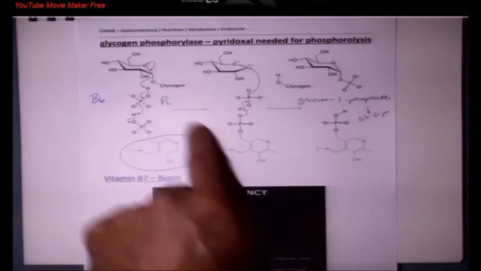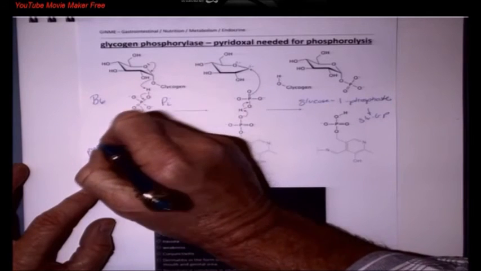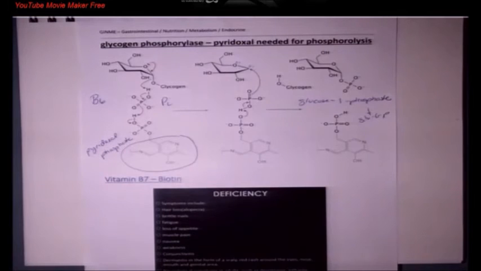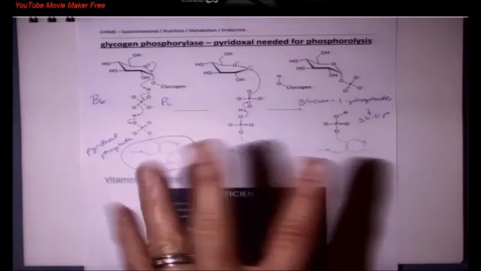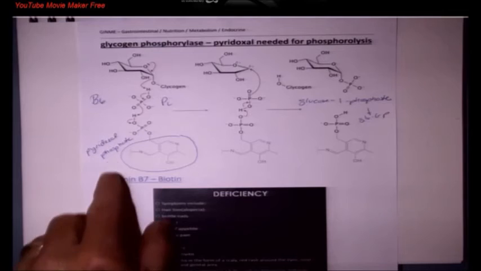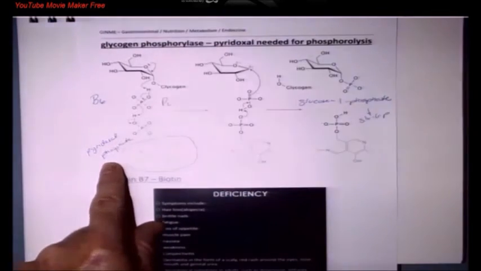And that requires pyridoxal phosphate. Now again, the reaction mechanism and all that is not important. This is just so that you can lay your eyes on it one time and see how that works. And hopefully that will help associate pyridoxal phosphate with glycogen phosphorylase activity.